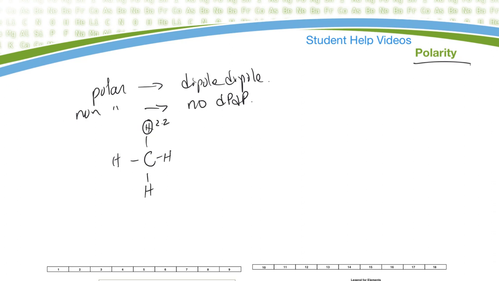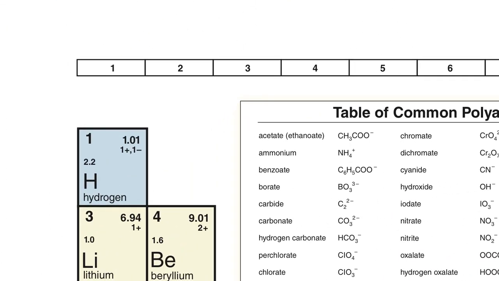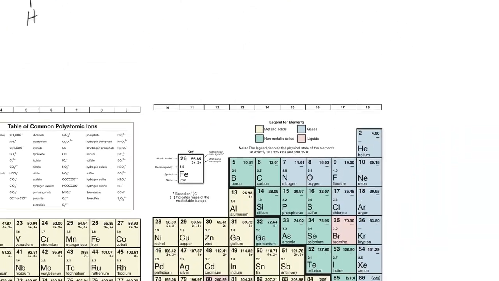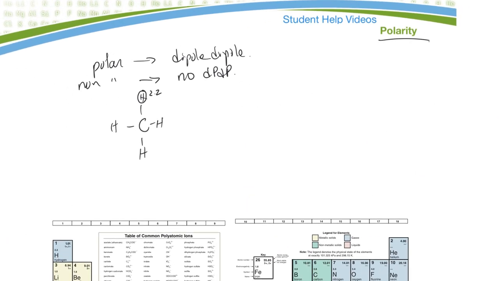We can look at it right down here. Hydrogen, 2.2, and carbon is 2.6. And this is how much they're pulling electrons. And we know there's a pair of bonding electrons right there.